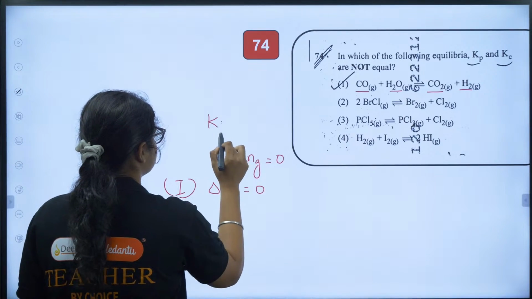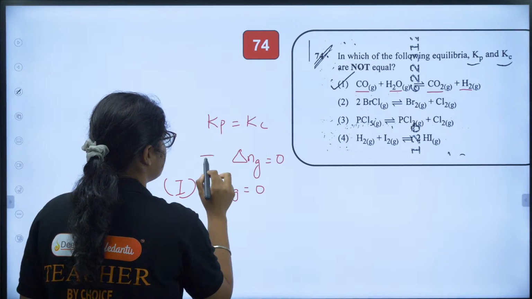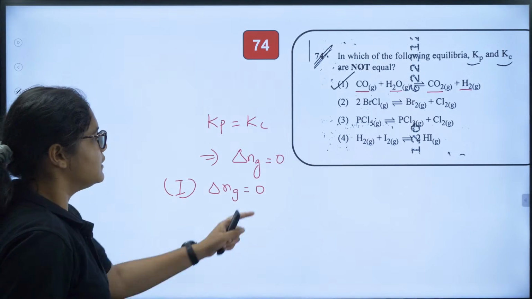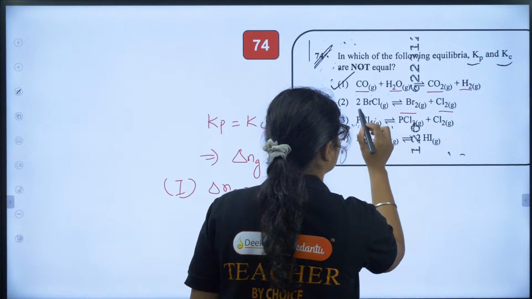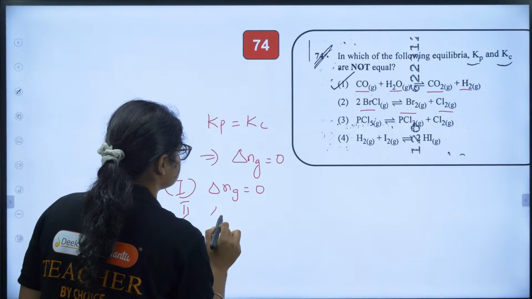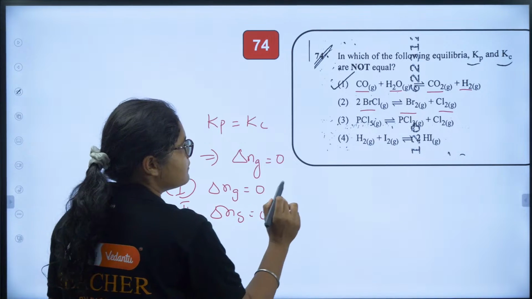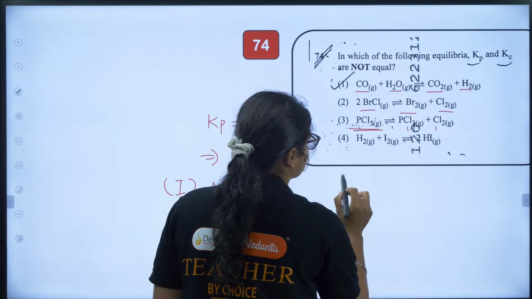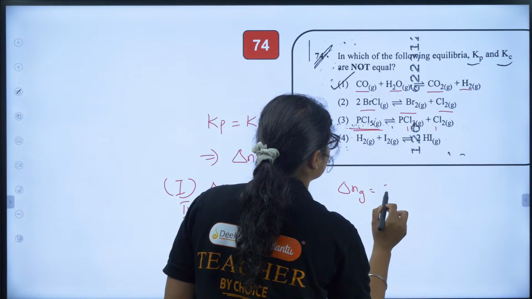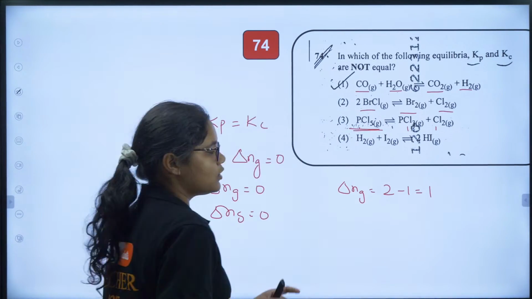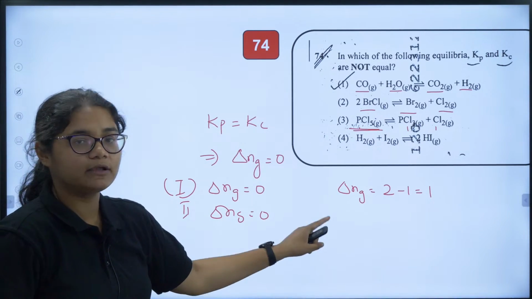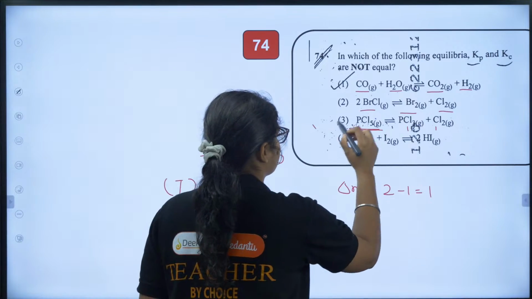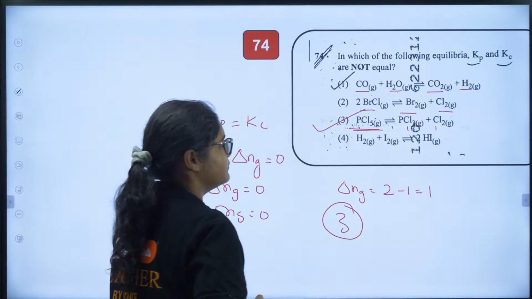So the condition for Kp equal to Kc is that delta ng should be equal to 0. Now if you see here also 1 mole, here 1 mole, 2 moles, so for option number 2 also we'll get delta ng is equal to 0. But if you see option number 3, here 1 mole, and here 1 mole, and 1 mole, so delta ng will be equal to 2 minus 1, that is 1. It is not equal to 0, so Kp will not be equal to Kc in option number 3. So the correct answer for this question is option number 3.